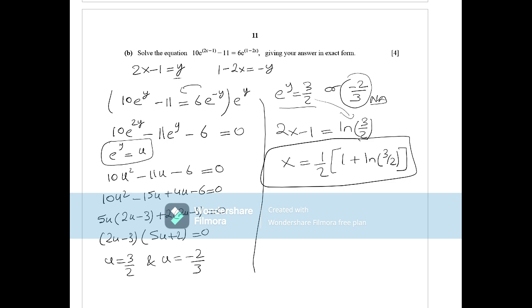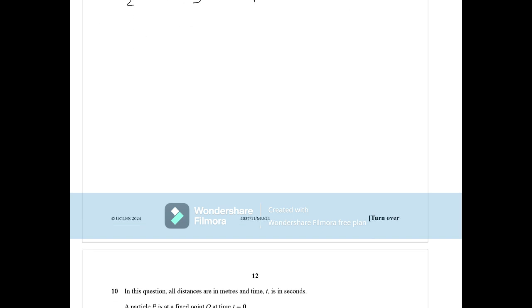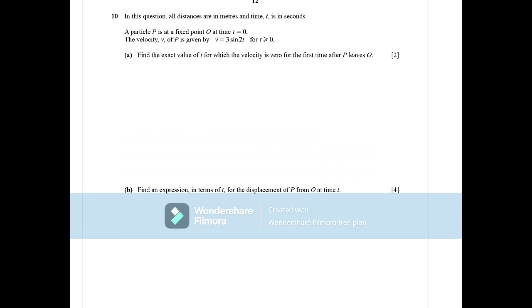No, this is the right answer. What happened was I wrote it as half. Yes, because then this half becomes the quotient of log, and I can raise it as the power of 3 by 2, which will be this. Both are the same forms. Never mind. Moving on to question 10.